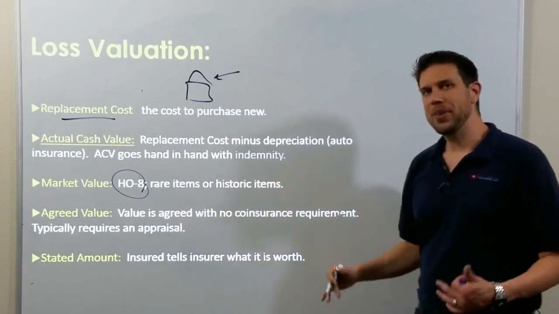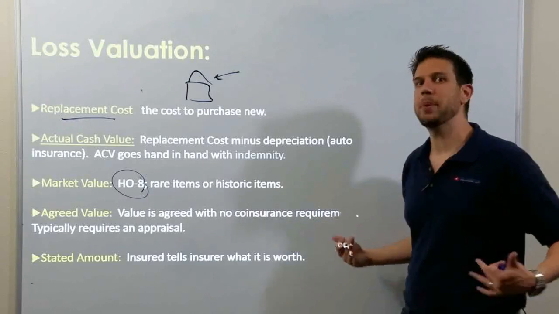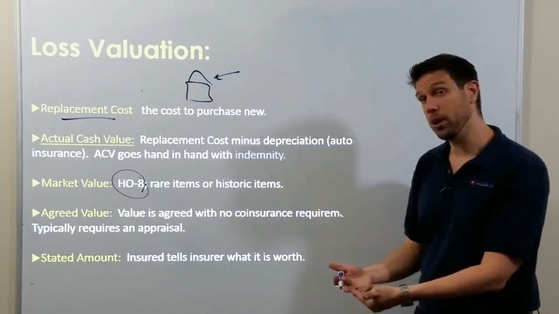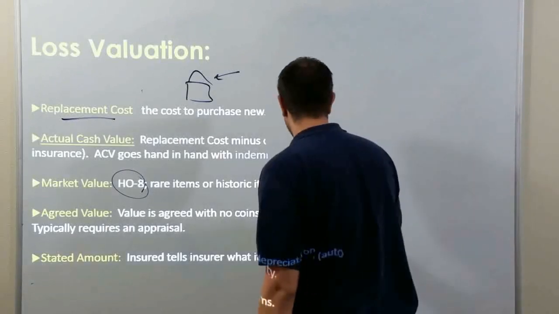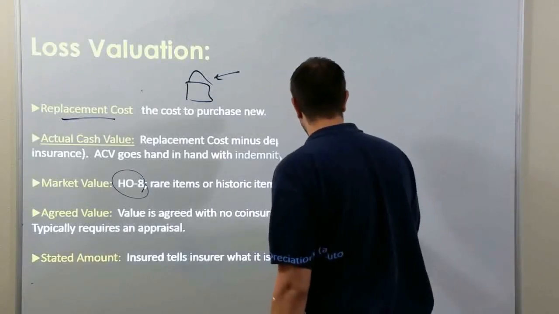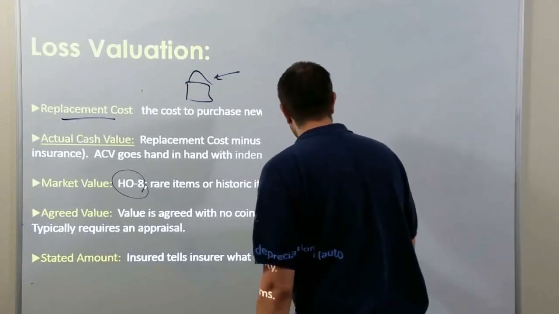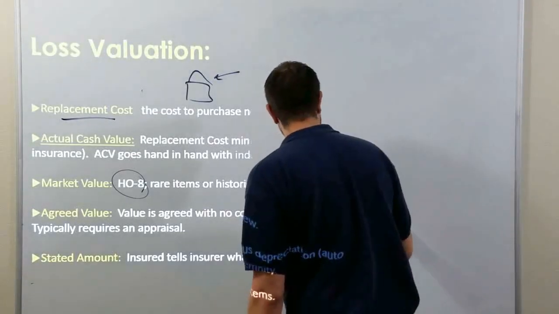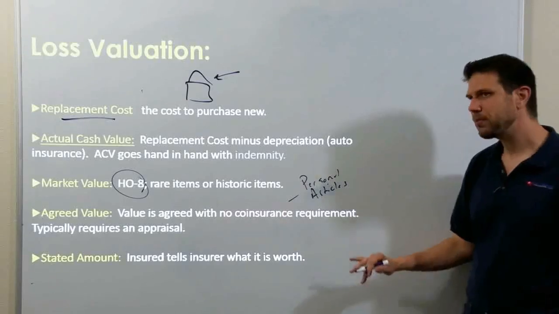Agreed value is typically when you had an appraisal and the insurance company agrees that's how much it's worth. Agreed value will be used on something called personal articles insurance. Personal articles insurance is where you insure high-end stuff that typically has to have an appraisal.